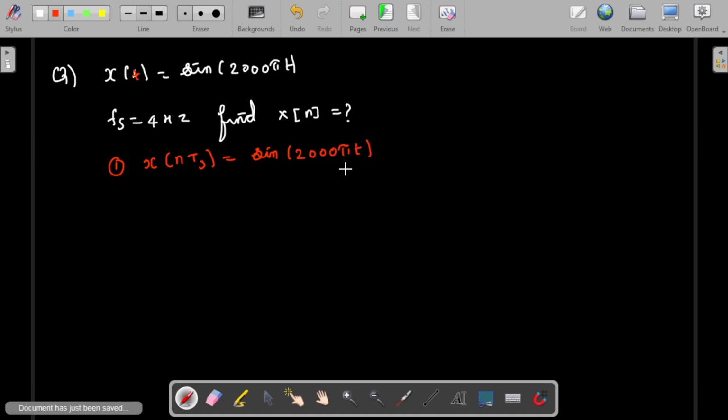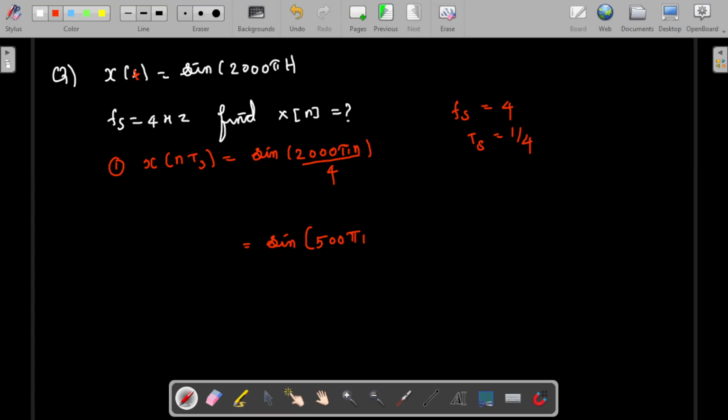We know Fs is equal to 4, so the Ts value is equal to 1 by 4. Now we convert this into nTs, so t needs to be changed to nTs. If we substitute, it will be n times Ts, which is 1 by 4, divided by 4. If we divide, the answer will be sine 500 pi n. So now we have obtained the x of n value.